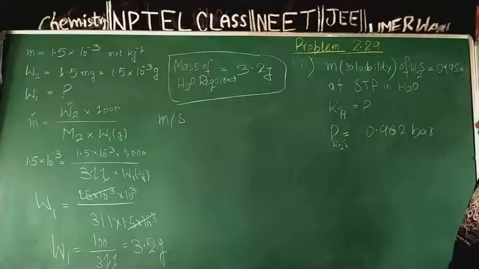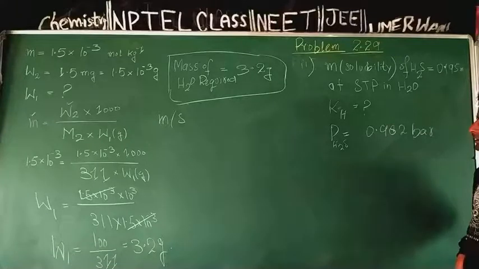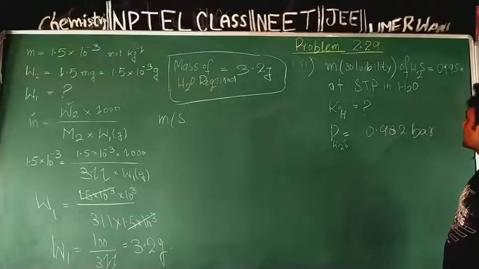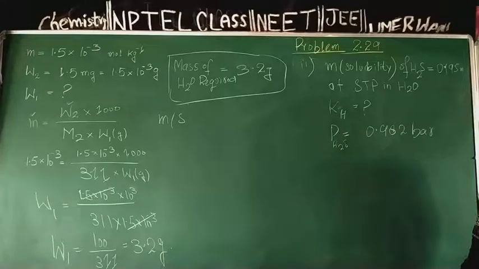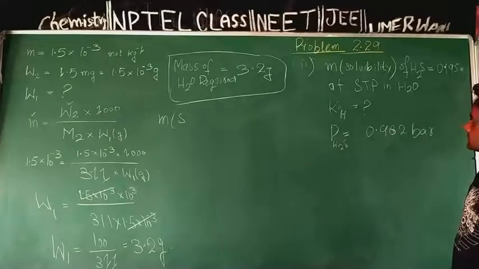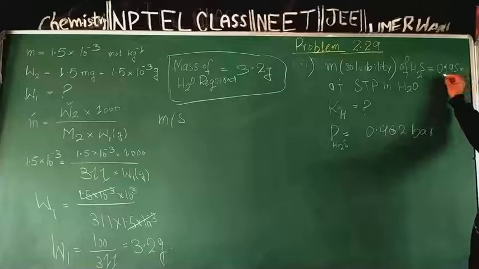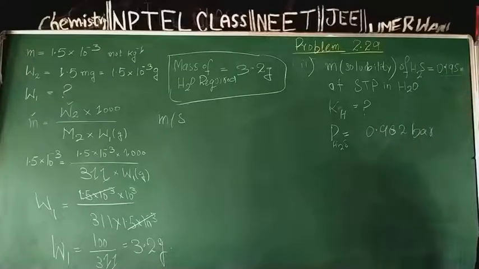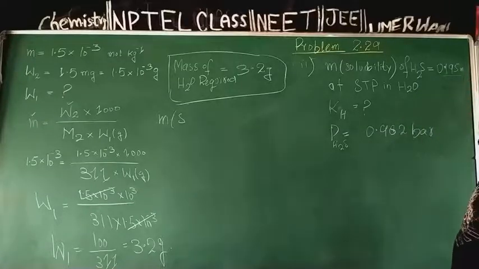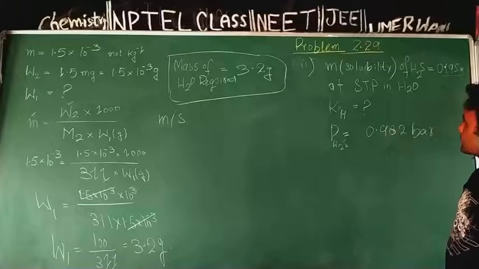Hydrogen sulfide gas. What is solvent? Water. We have to dissolve hydrogen sulfide gas in water, and the maximum dissolved molality of hydrogen sulfide at STP is 0.195 molar, which becomes its solubility.